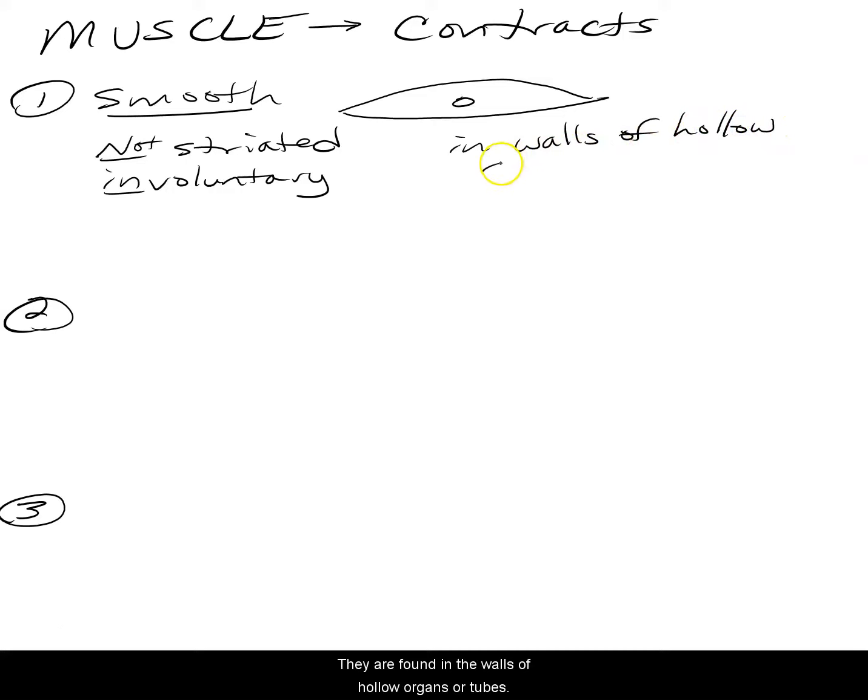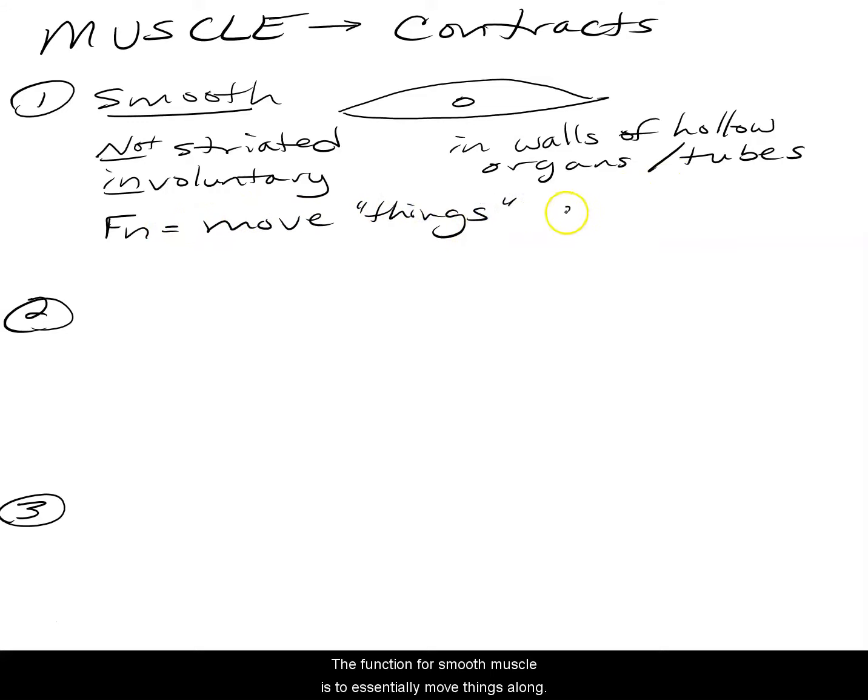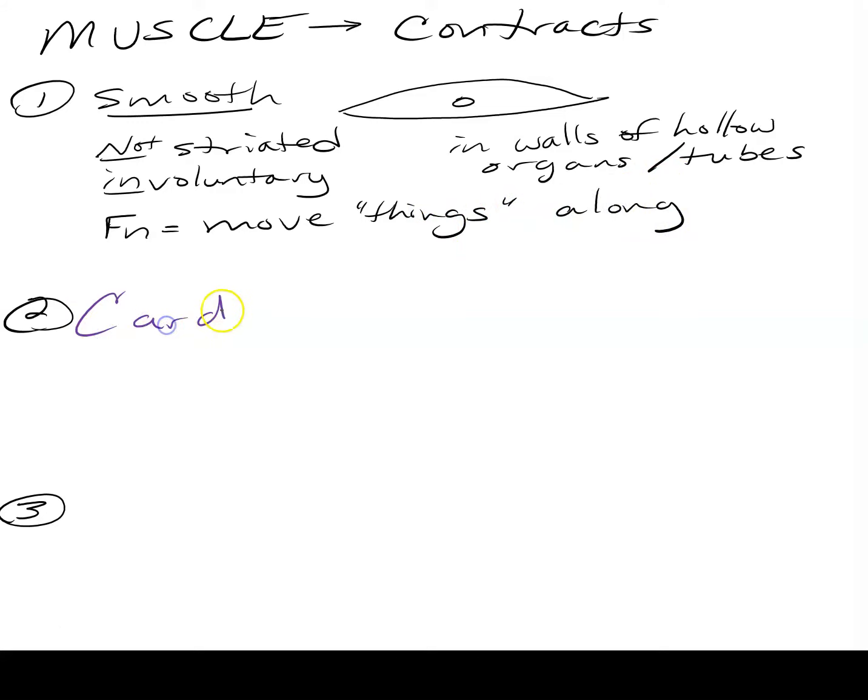They are found in the walls of hollow organs or tubes, so that would include your digestive tract, your reproductive tract, blood vessels, and so on. The function for smooth muscle is to essentially move things along. Now keep in mind, in the case of the digestive tract, it helps to move food along.